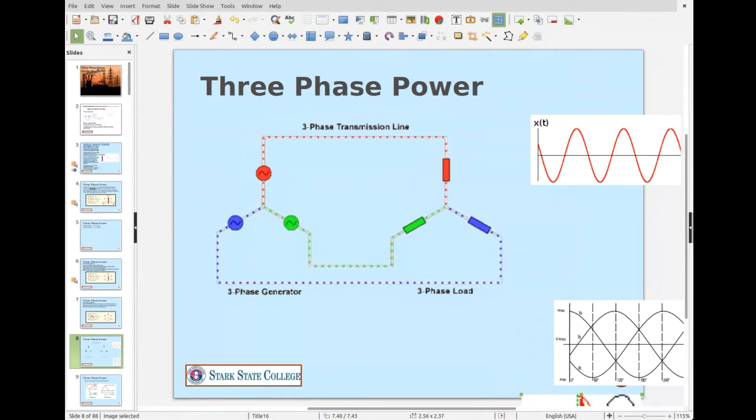Okay, because as you can see here, as this red starts going clockwise, current's coming down here, and it's pushing it into either the blue phase or the green phase, depending on which one's the highest.